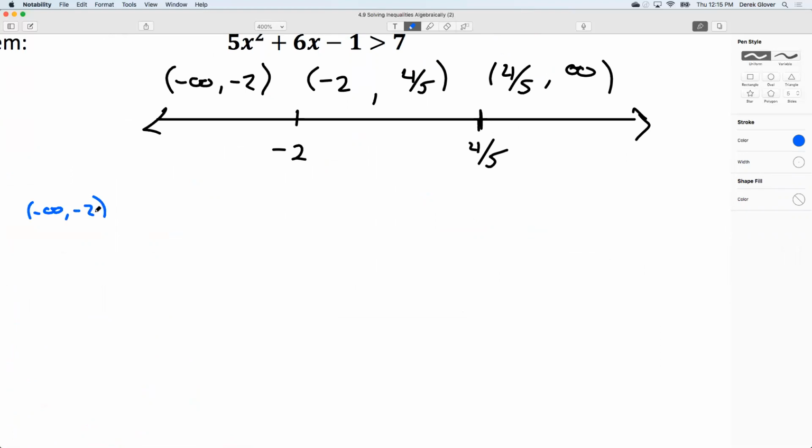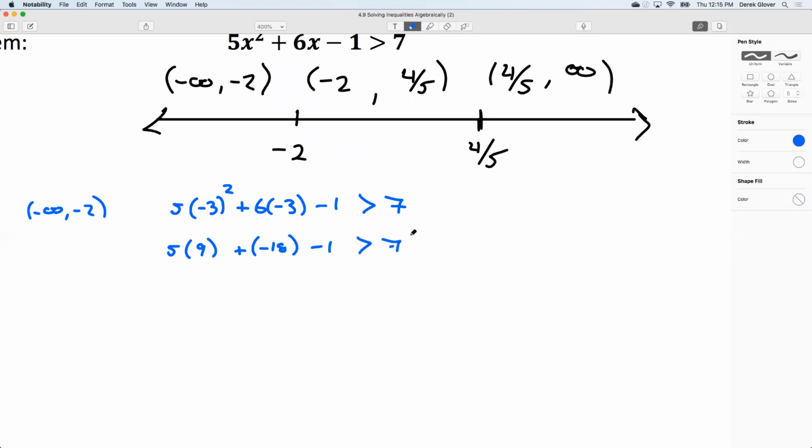Let's pick, I don't know, let's pick minus 3. So 5 times minus 3 squared plus 6 times minus 3 minus 1 must be greater than 7, okay? So now minus 3 squared, that's just going to be 9. So 5 times 9 plus 6 times minus 3 is going to be minus 18.